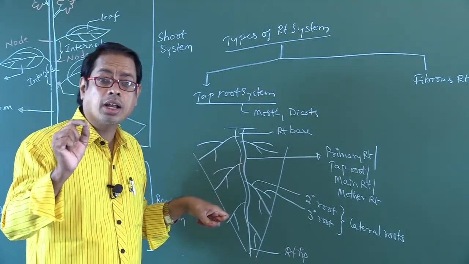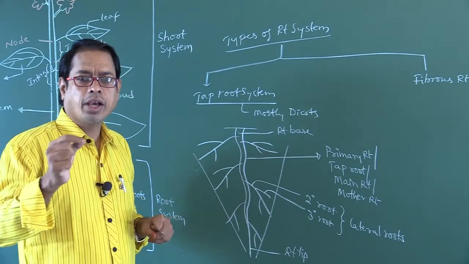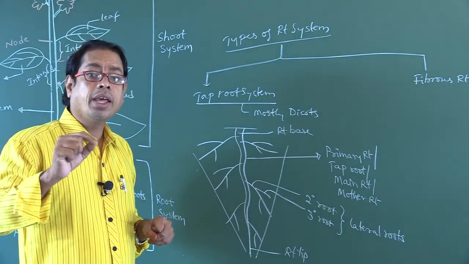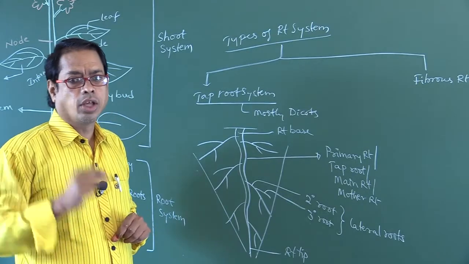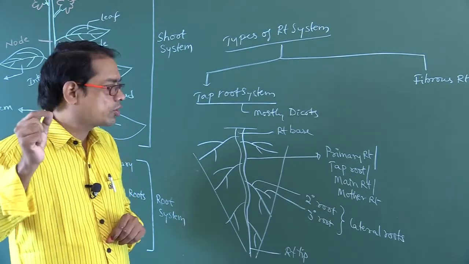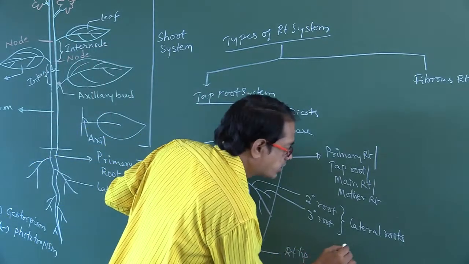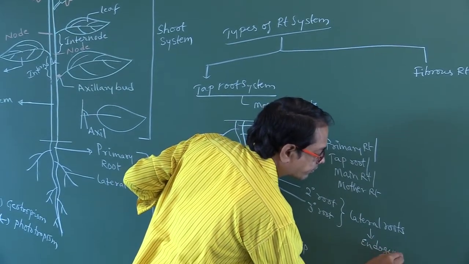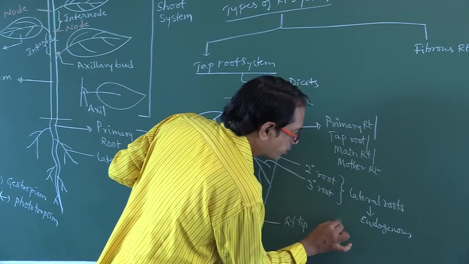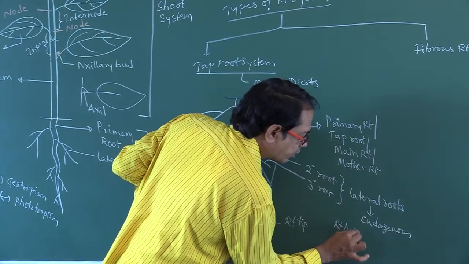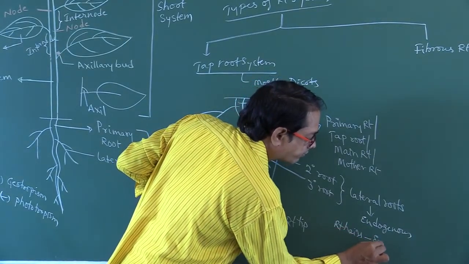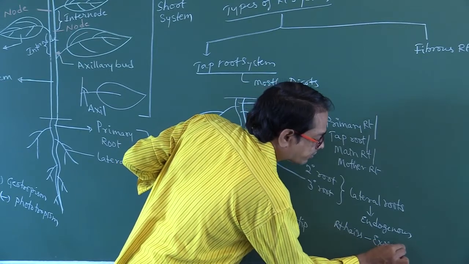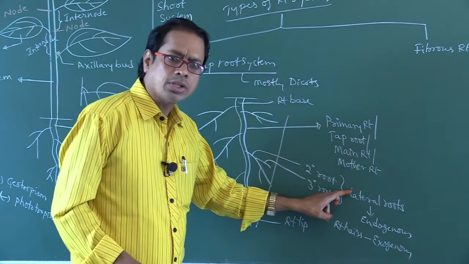Lateral roots are endogenous because they are developed from the pericycle of the root. Root hairs are exogenous. So lateral roots are endogenous, whereas root hairs are exogenous.